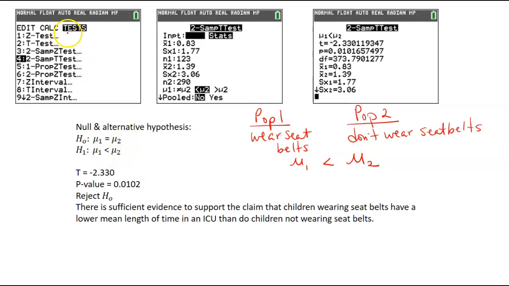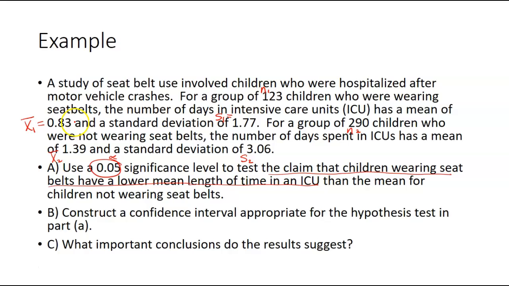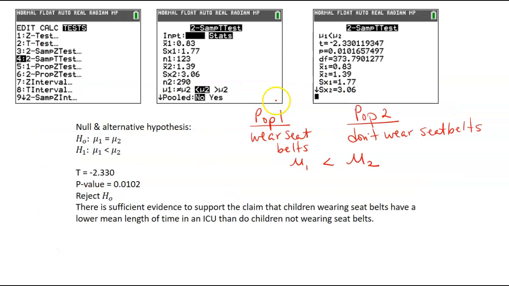When we go and choose our selections on the calculator, we're going to go to Test, to 2-Sample T-Test. This time our data was not given, but we have our statistics provided, so we're going to choose Stats. And when we do that, it's going to prompt us for these things. So my X sub 1, if we look back, our X bar sub 1 would be 0.83, our S sub 1 would be 1.77, and our N sub 1 would be 123.